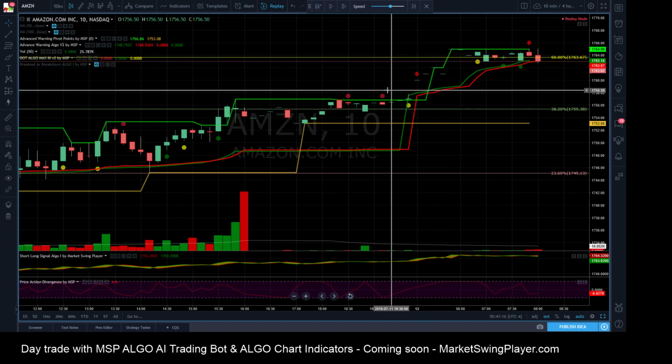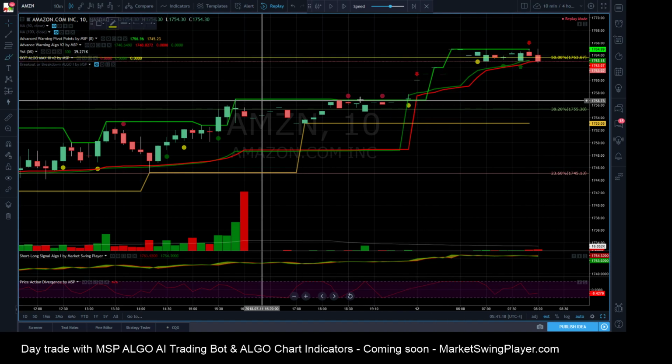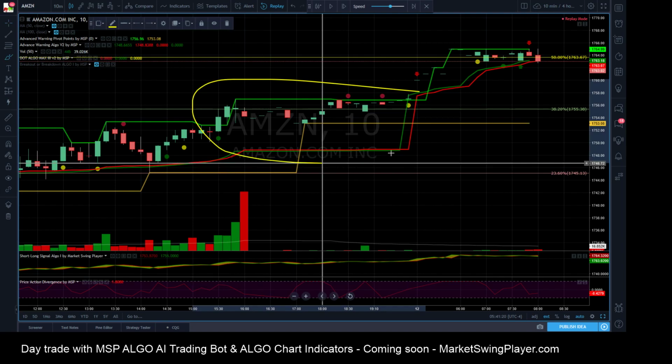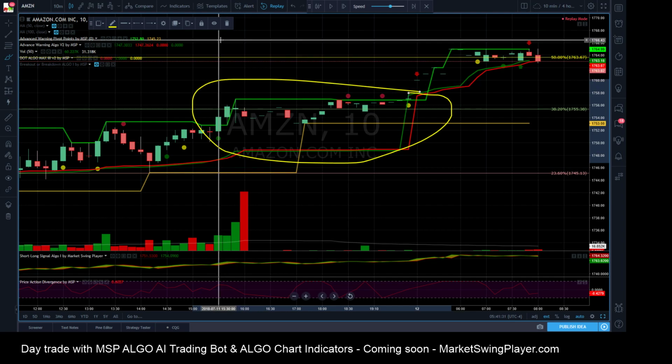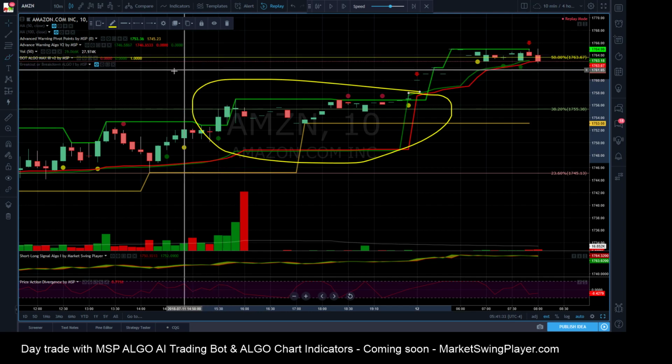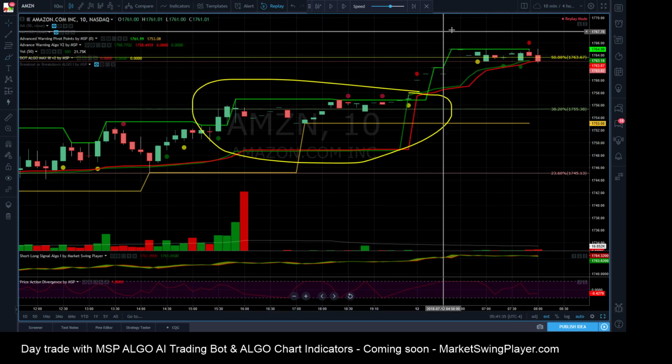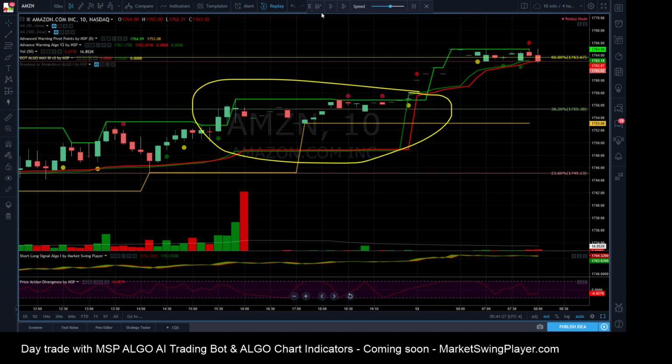As you can see, sometimes you get a little chop, so I don't want to be involved with that. I'm going to look for a momentum alert. Those are the only type of trades I want to take today.